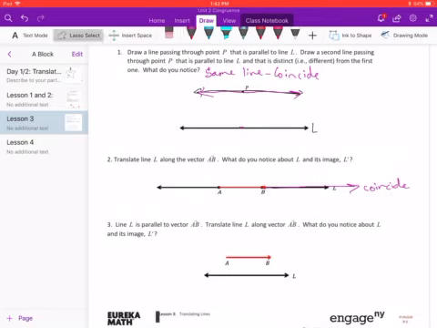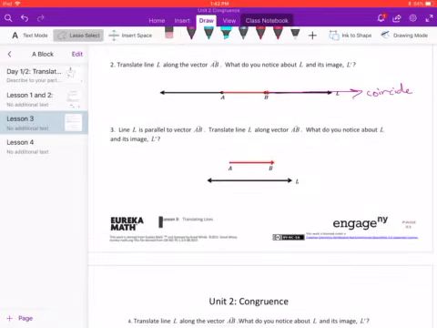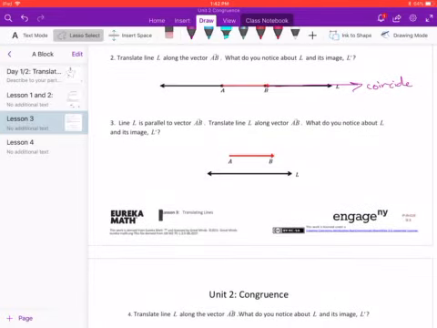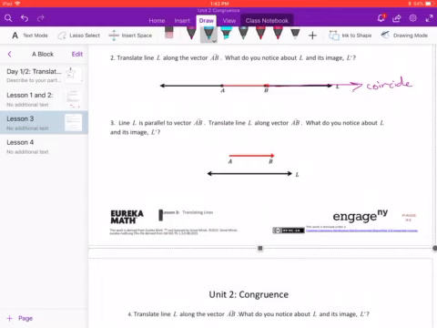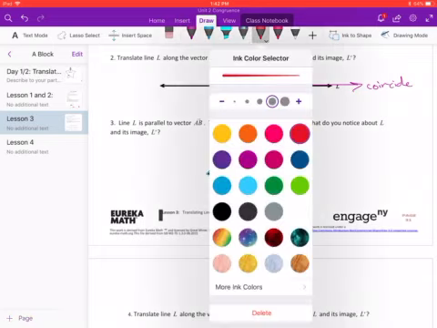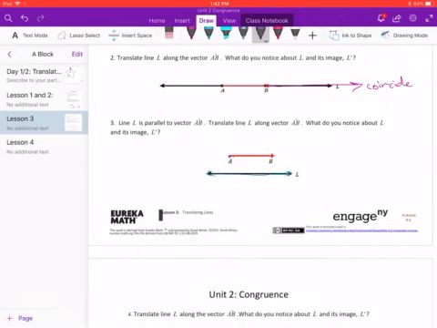What do you notice? So what I want to do is take this little part and make a copy of it. Oh, sorry about that. So I'm going to take line L again. Let me use my blue color. This is my line L. And I'm going to copy my vector AB so you can see it. There's my vector AB. I like that thickness better.